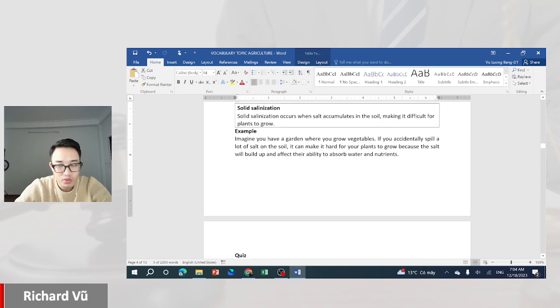And the last word on our list, soil salinization. Soil salinization occurs when salt accumulates in soil, making it difficult for plants to grow. Keep in mind, soil salinization occurs when salt accumulates in the soil.